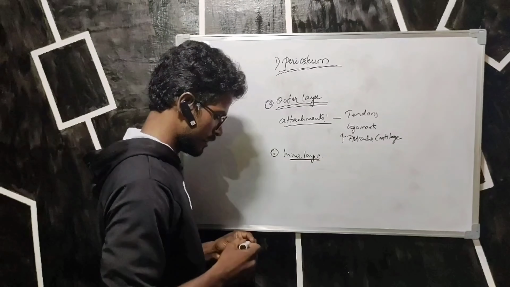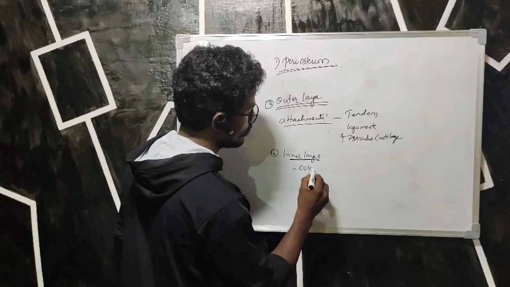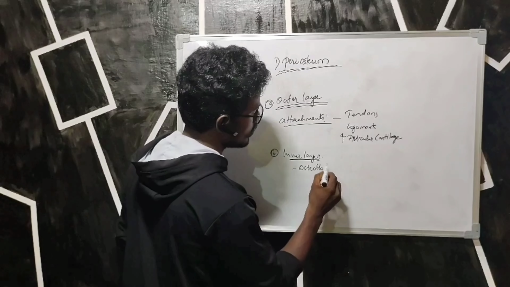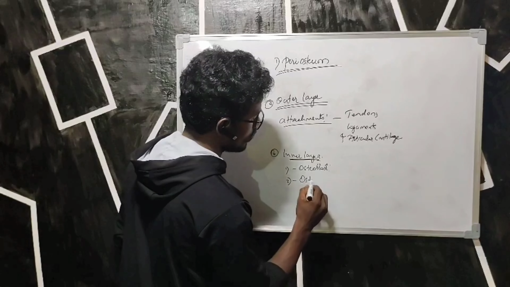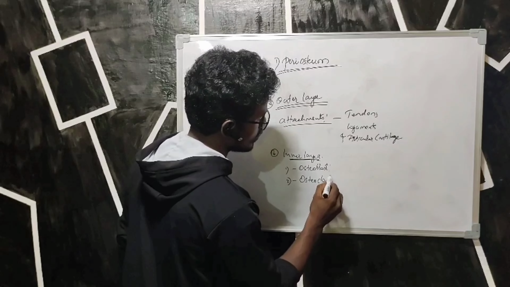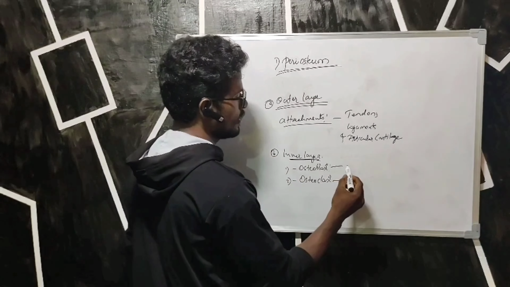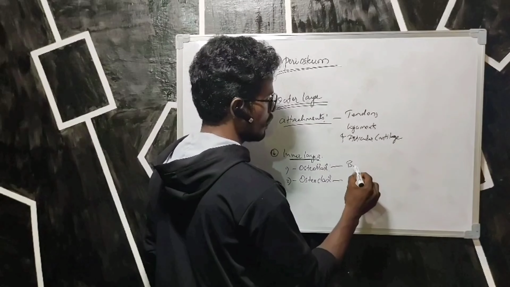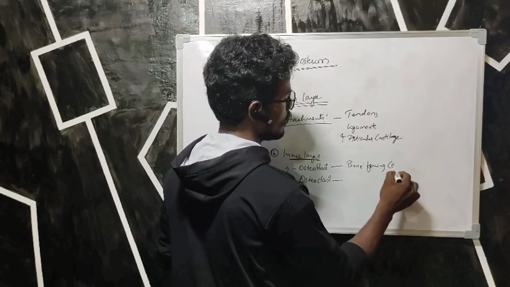And the inner layer has cells, which are osteoblast and osteoclast. What is osteoblast? Osteoblast is a bone forming cell.